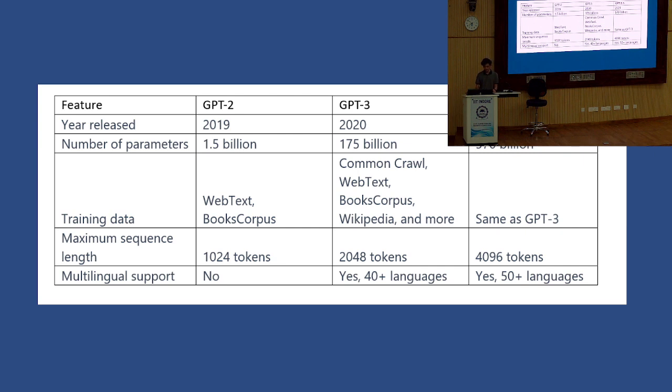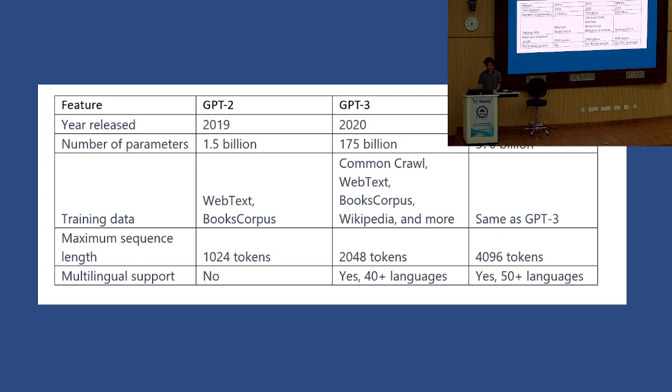Coming to the training data, GPT-2 has been trained on web text and books. GPT-3 has been trained on Common Crawl, which is basically web crawling, so all the web data, then web text, books, corpus, and Wikipedia. GPT 3.5 has the same training data as GPT-3.